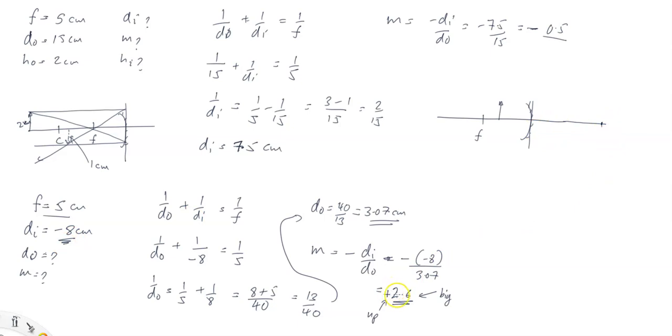It's upright and it's 2.6 times bigger. So if the object is, let's say, 1 cm, the image is going to be 2.6 cm. So here's the image, and you can draw the diagram something like this. Extend this to the center, goes like this, extend that, and complete the diagram.